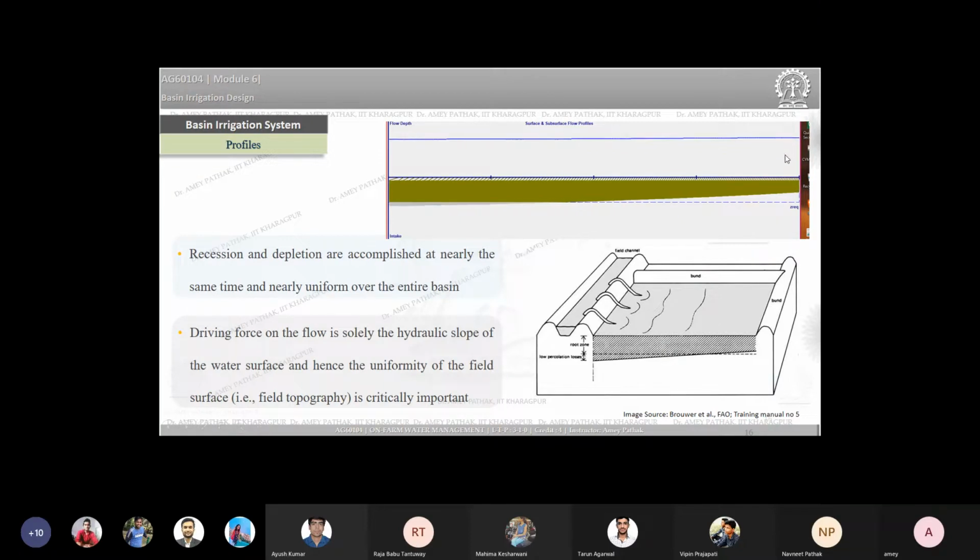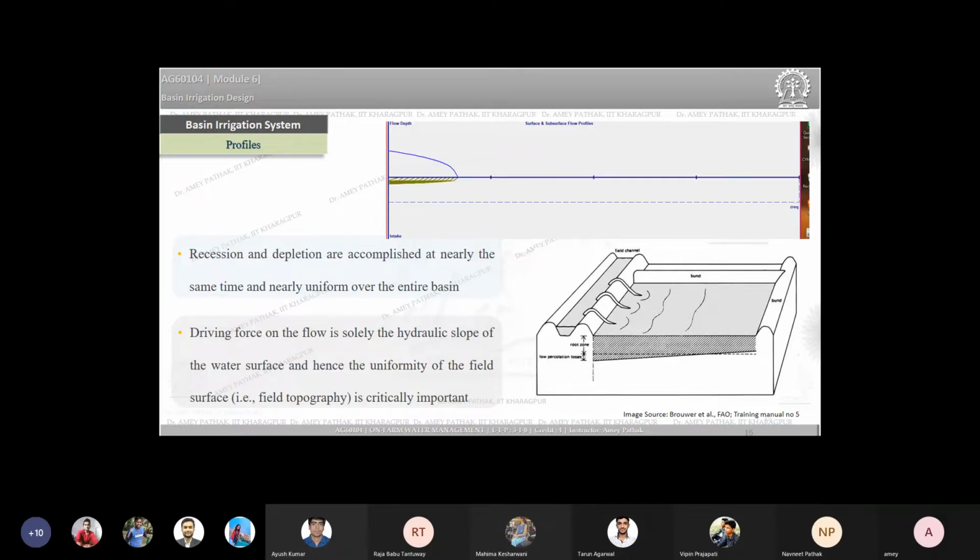Let me start it again. Okay, so what is this? This is your surface profile, the waterfront which is traveling, advancing here, and this is your infiltration profile, the infiltrated depth.